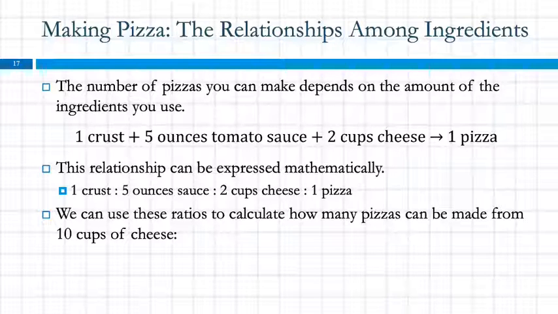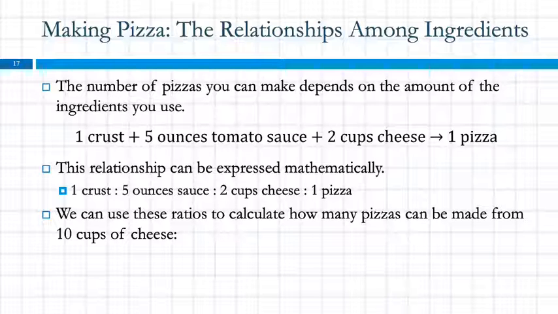So we can say that there's a ratio of 1 crust to 5 ounces of sauce to 2 cups of cheese to 1 pizza. And so we can use this to say, well, if I have 10 cups of cheese, how many pizzas could I make? 5.